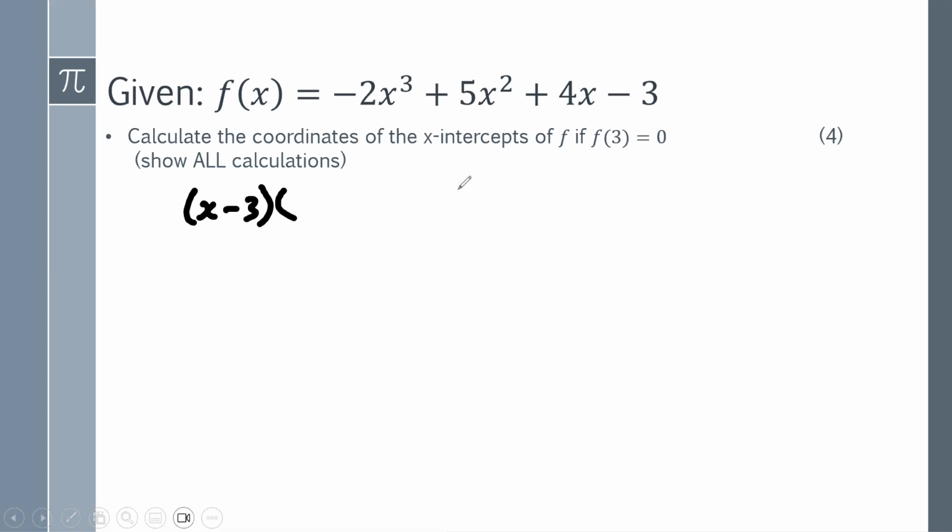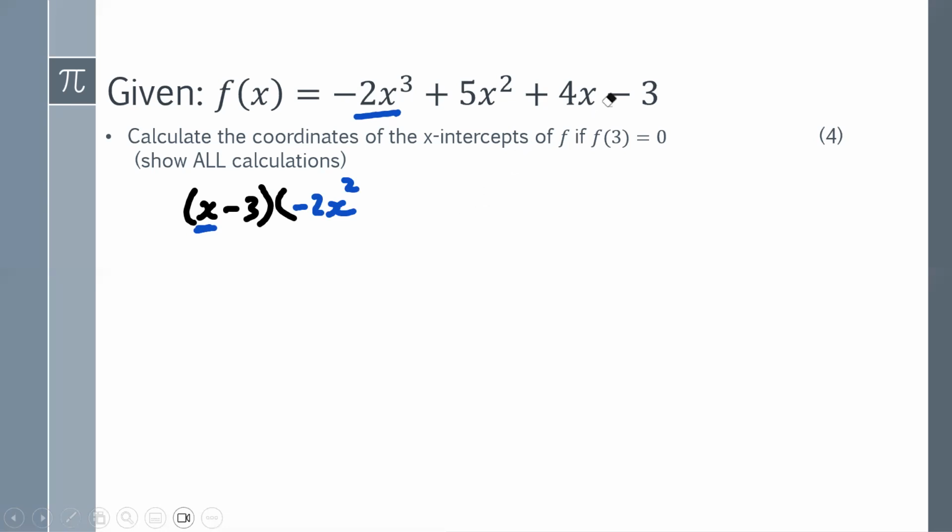Then I need to figure out what's going to happen here. I will start inspecting: I need to multiply x by something to get -2x cubed. In this case, it is -2x squared, right? That is my first term.